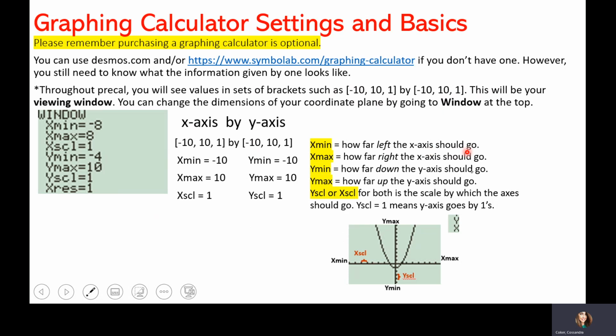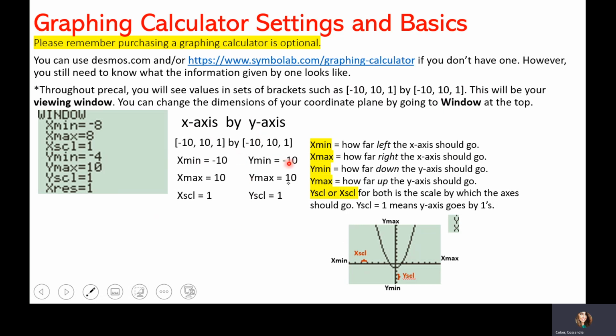X max is how far to the right your graph should go. This last number is your scale, meaning that your X axis is going to go by ones in this case. Sometimes, of course, that's 2, 4, 3, whatever.